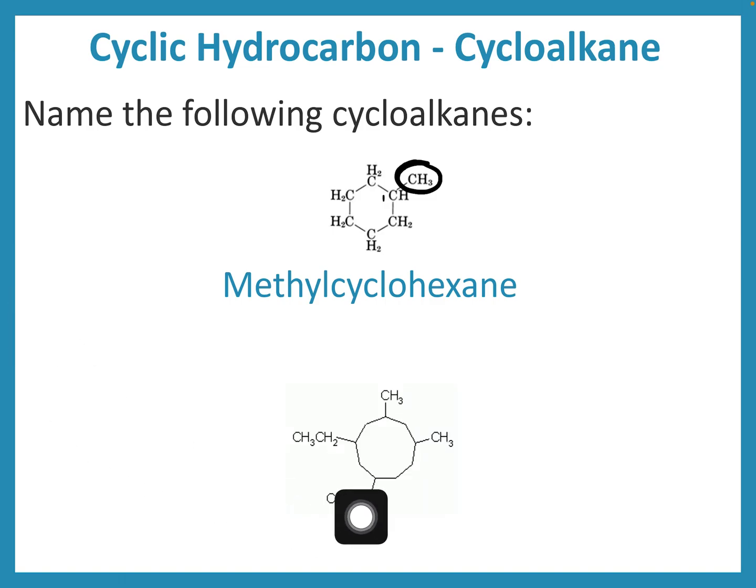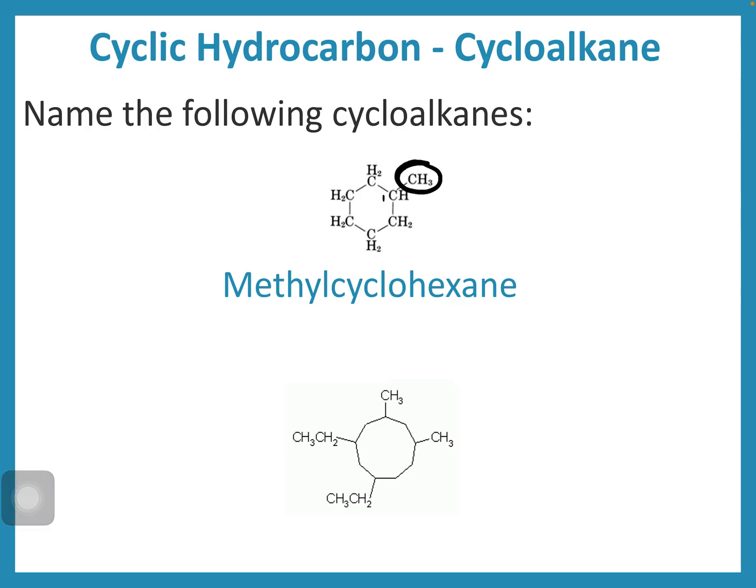So over here I have, if I start down here, 1, 2, 3, 4, 5, 6, 7, 8, 9 carbons. So 9 is non. So I have a cyclononane. And I can start at any carbon for numbering.